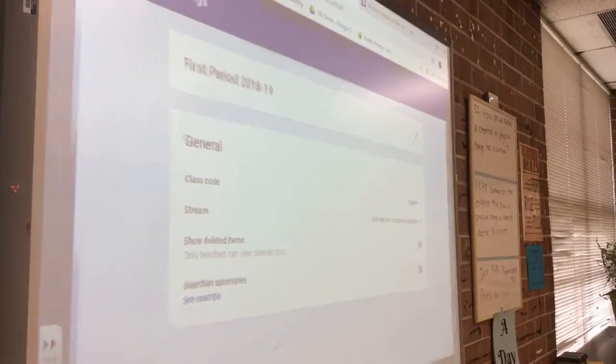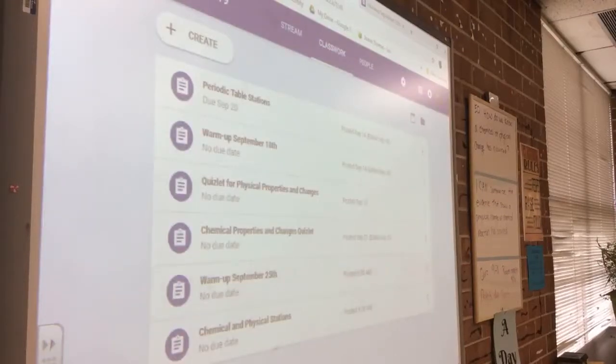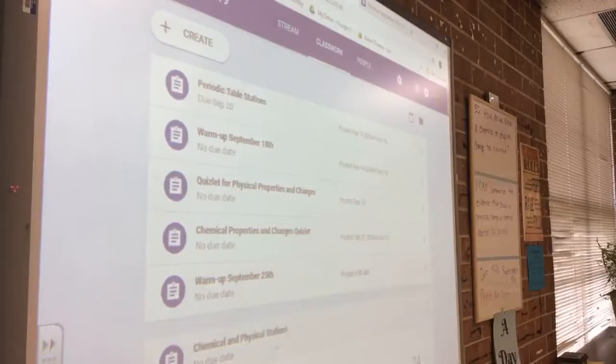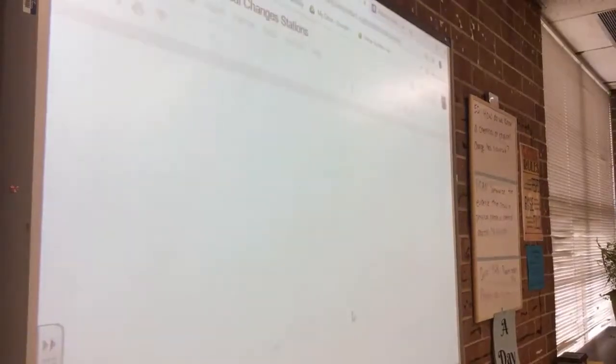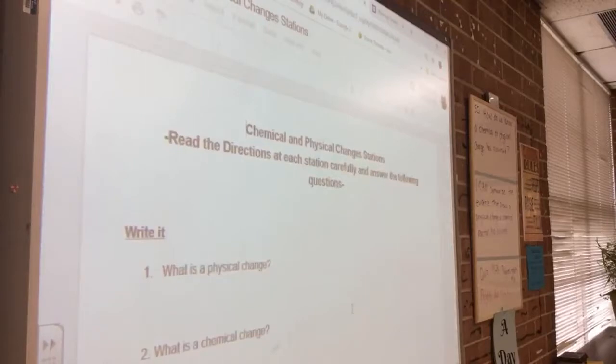If you don't see the chemical and physical stations, it should be right here. Yeah, refresh. I had to delete the original and put a new one up so that everybody had their own.